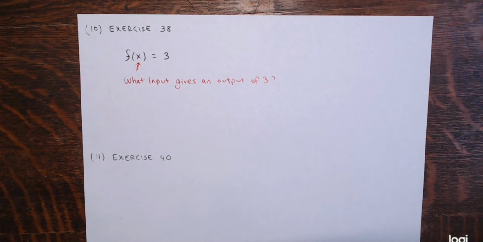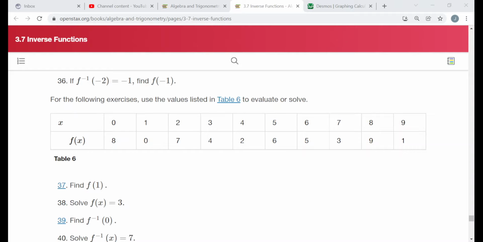I go to my table and look: where is f of x equal to 3? That's here, where my cursor is. Sorry, you can see the arrow floating around now. That's here in this column, and that's when x equals 7. It looks like that's the only time f of x equals 3. The solution to this equation is x equals 7.